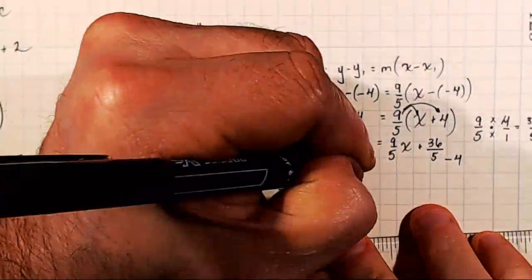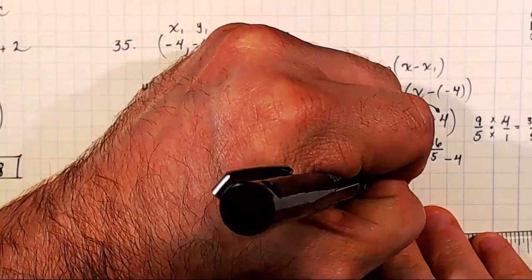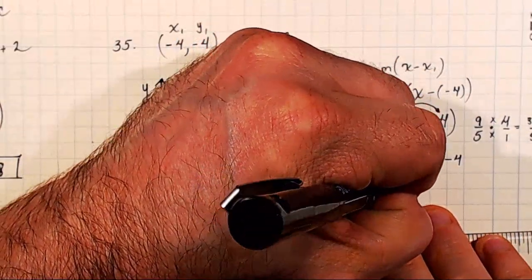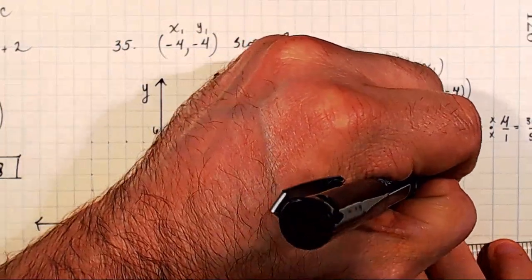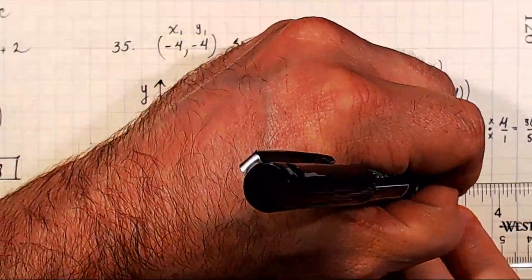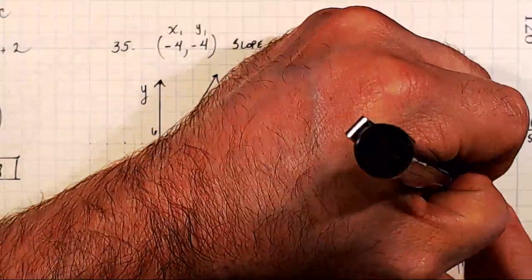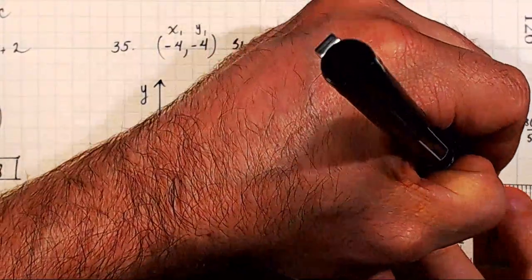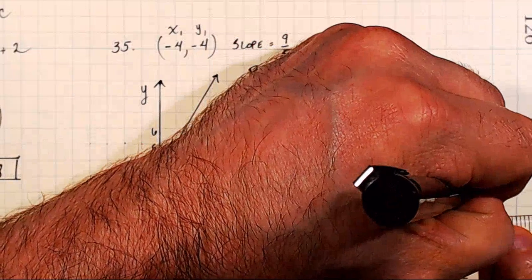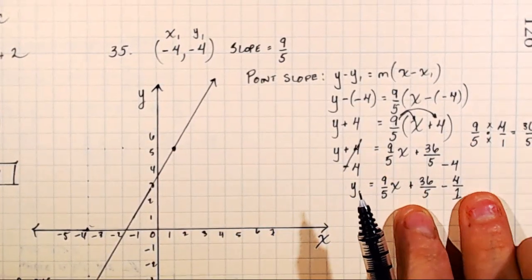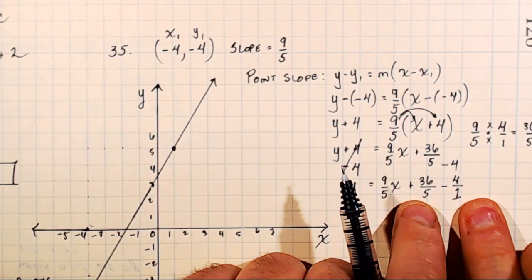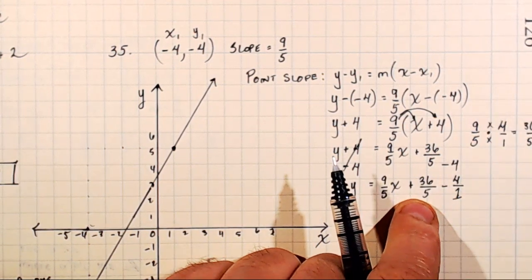Now I have that canceling out, and y equals 9/5 x, and then I have plus 36/5 minus 4 over 1. Well, we have a problem. I cannot subtract 4 over 1 from 36 over 5 without having a common denominator.